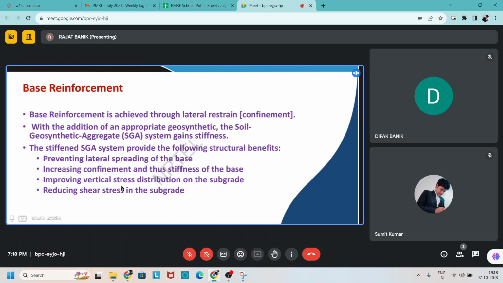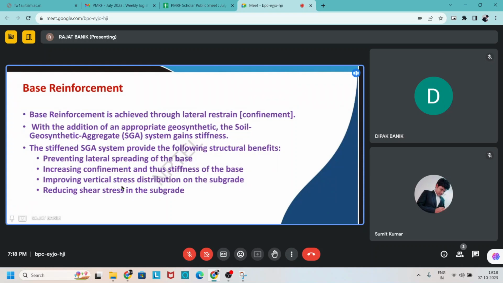One stiff system is created, and this is called soil geosynthetic aggregate. The soil geosynthetic aggregate system provides the following structural benefits.